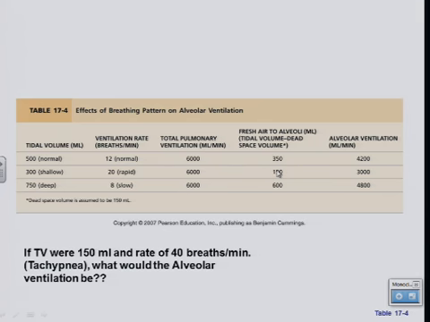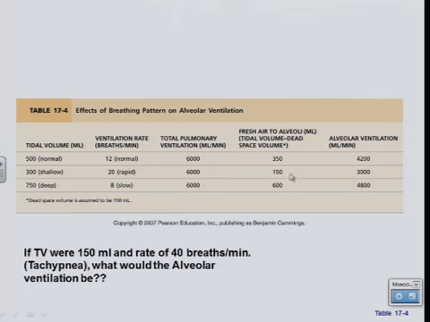But if we increase the rate or decrease the rate, it affects our dead space ventilation. And you can see the huge effect on alveolar ventilation. So under normal conditions, we have 4,200. And you can see how we can decrease this dramatically or increase it dramatically. So dead space ventilation is nothing more than the dead space volume times the rate.